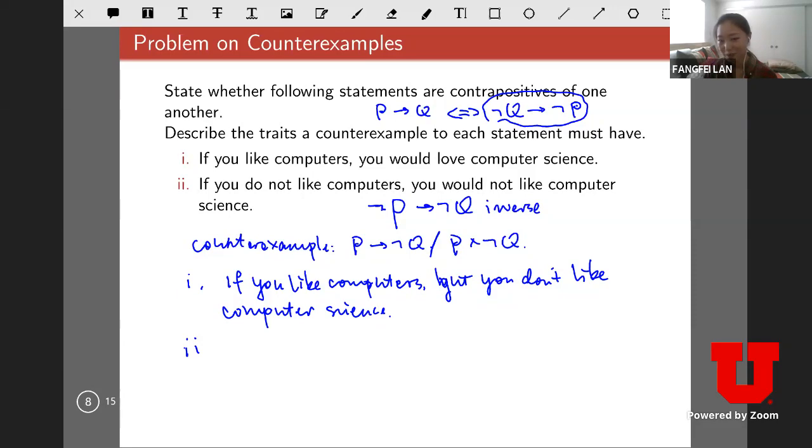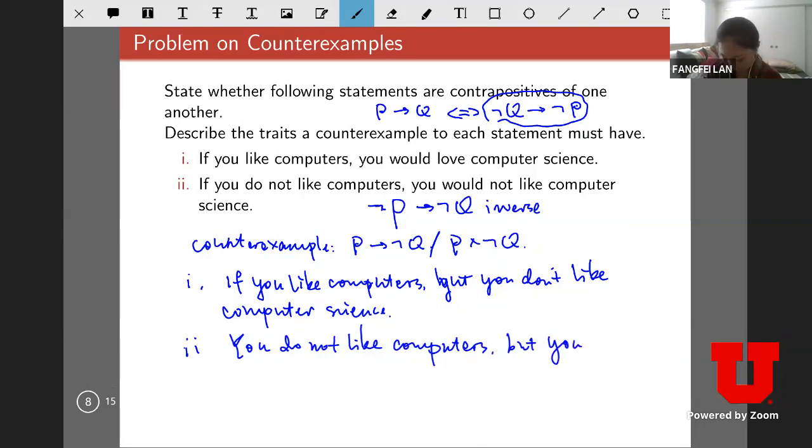Okay, people said I agree. So this person said you do not like computers, but you like computer science. Yes, great.